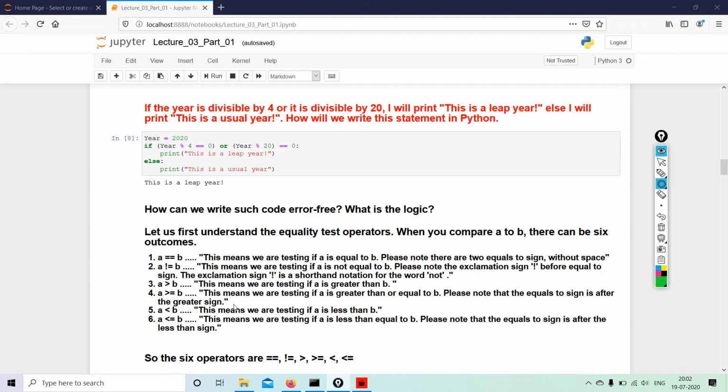And then comes A less than B. Then comes A less than or equals B. So 6 operators, do not forget. I am iterating again and again. Please do not forget this.